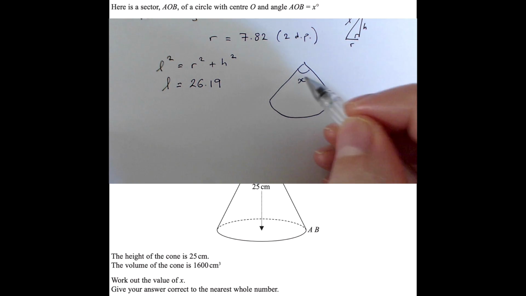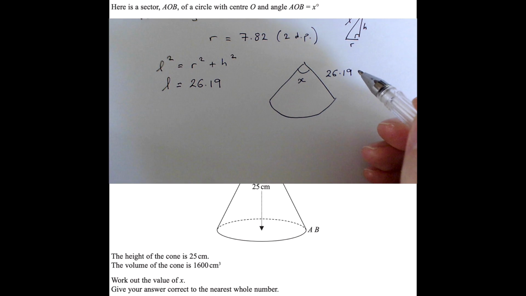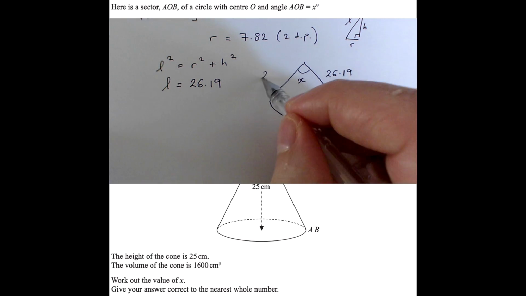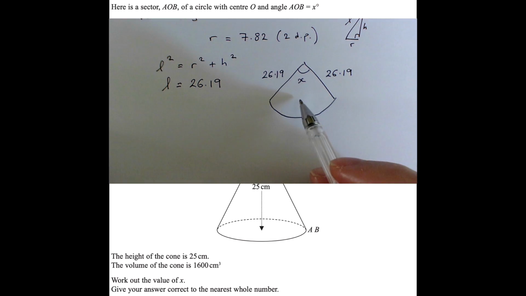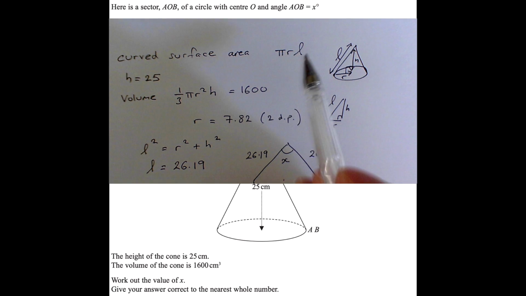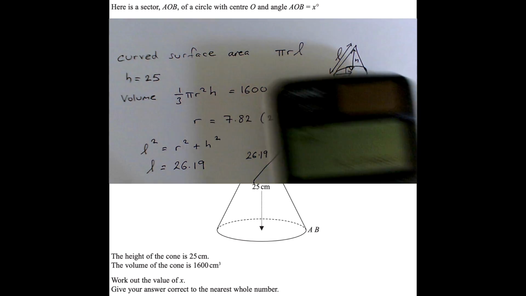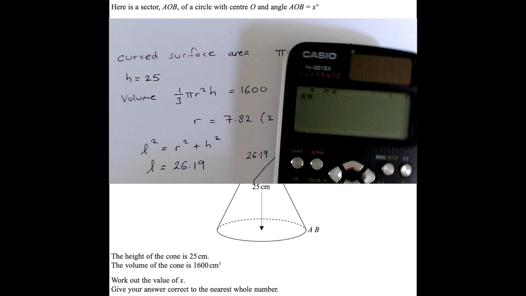Now I've got all my letters sorted out: I've got my r, h and l. I'm going to write down what I know. When they've laid out the net for this cone, you can see the slant height is the sides, which are the same length. I can use the formula pi r L to work out the area of this sector of a circle.